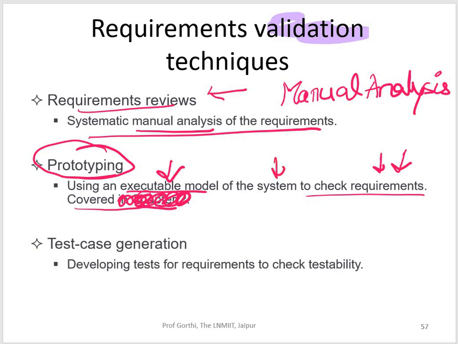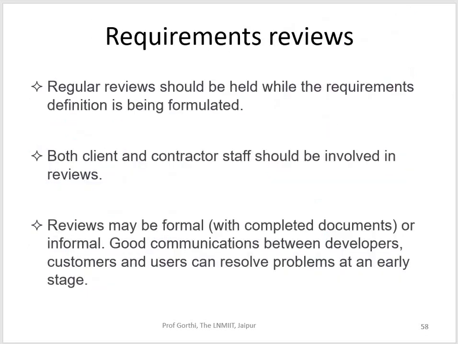Then we have prototyping. Use an executable model of the system to check the requirements covered in this chapter. That means the previous discussion, so you don't need to go into this particular part. Using an executable model of the system to check requirements covered. I have the executable model, which is like going ahead with prototyping.